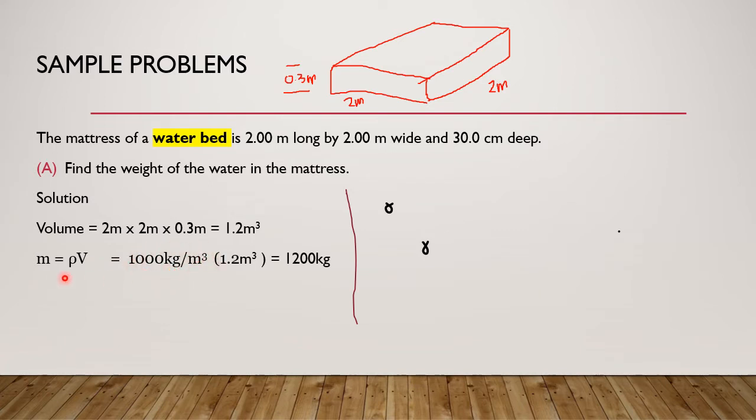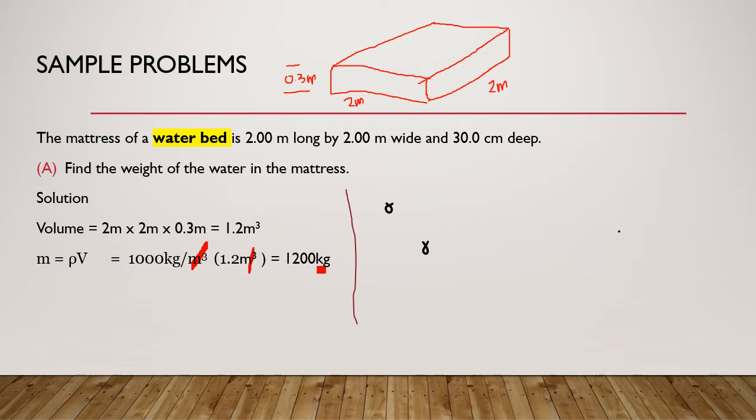That is the constant for rho of water times 1.2 cubic meter. Yun yung volume. Magkakaroon tayo ng 1,200 kg. Makakancel kasi yung cubic meter. So, this one will be cancelled out. Okay? What is left is in kilograms.